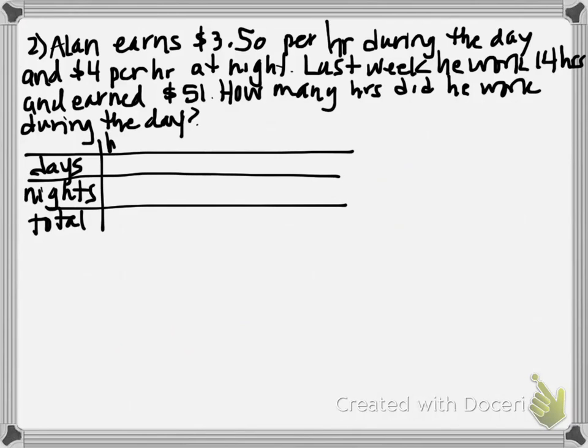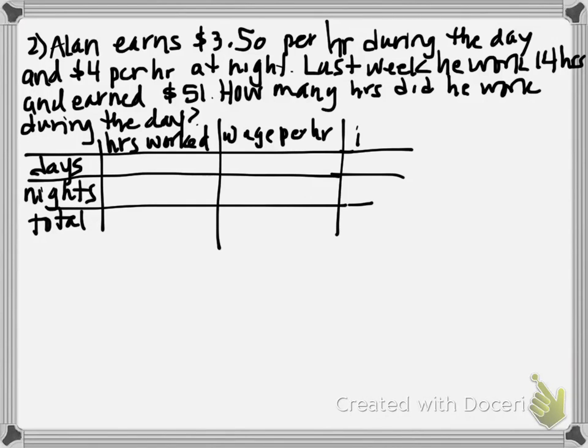And we're going to have hours worked, so kind of like coin and value here. Then comes the wage per hour. And then we have the income or total made.